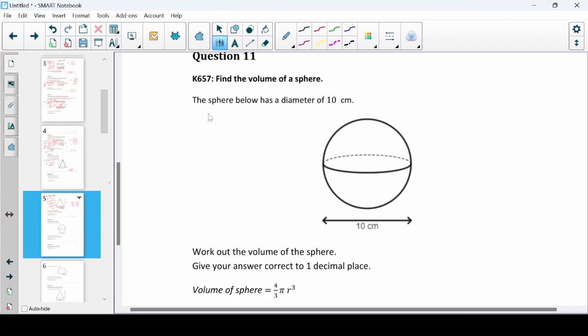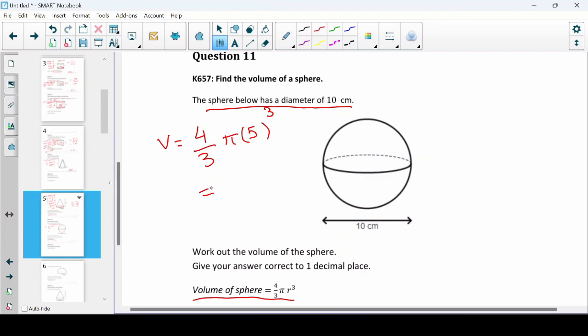So the volume is 4 over 3 pi, and if diameter is 10, the radius is 5 cube, and that pretty much gives us 4 divided by 3 times pi times 5 cube.